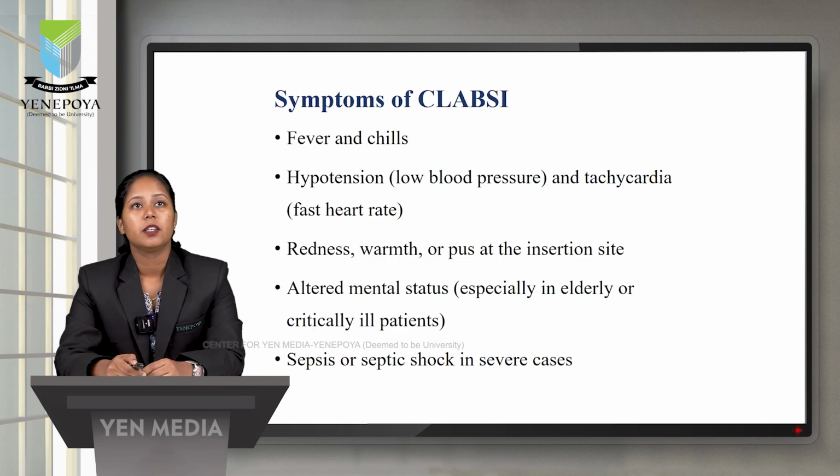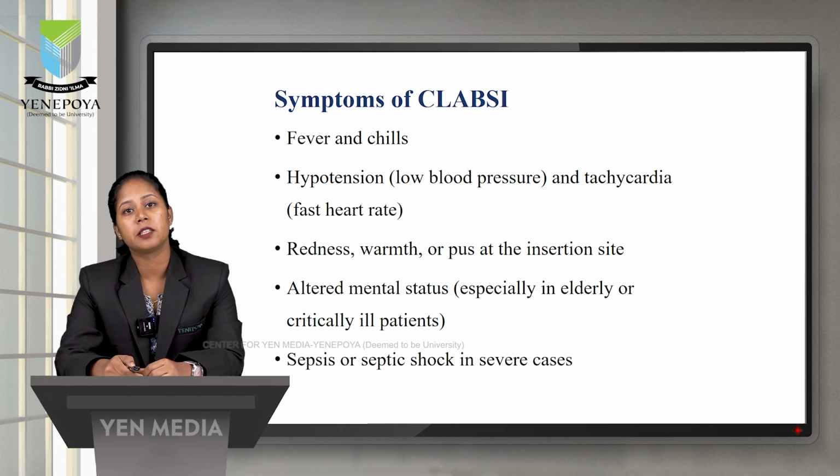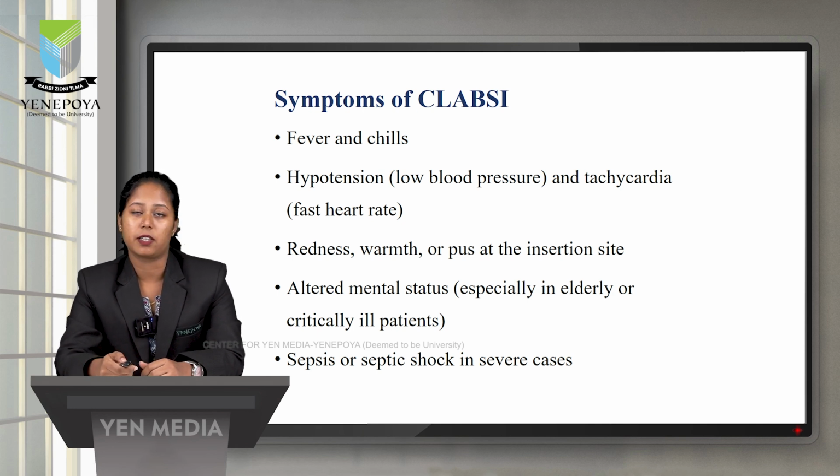So how can you identify that the patient has CLABSI, or that the patient with the central line may have an infection? Some of the signs and symptoms the patient will start to exhibit are fever and chills. Whenever there is a presence of bacteria in our body, the immune system will identify it and try to destroy it by increasing the body temperature, so the patient might manifest fever.